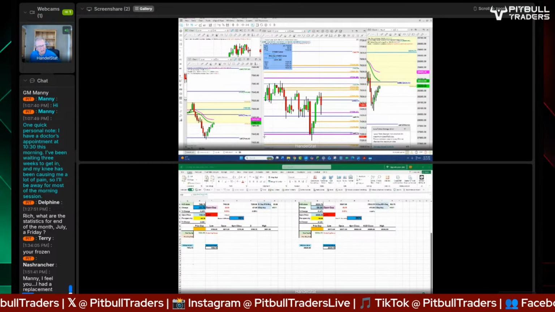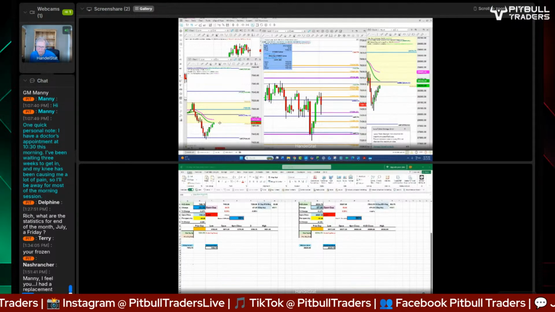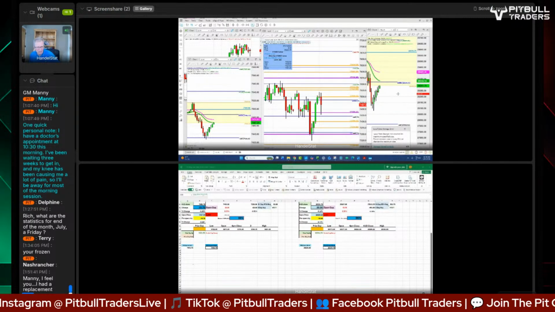Looking at the S&P over here, it's right at the BGL. It's right at the bottom of the open range, and the Nasdaq's right at the bottom of the open range. They can recover that.